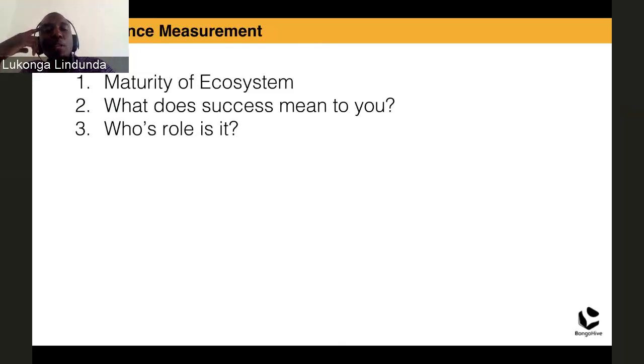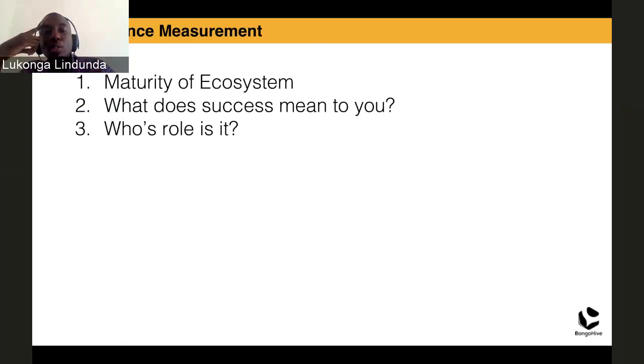So when we're looking at performance measurement, it really has to come down to what can work in your own ecosystem. As much as you are learning from others, adapt and test. If it doesn't work, don't feel bad about it. Try something that could potentially work, so that at the end of the day, your hub is as unique as possible.